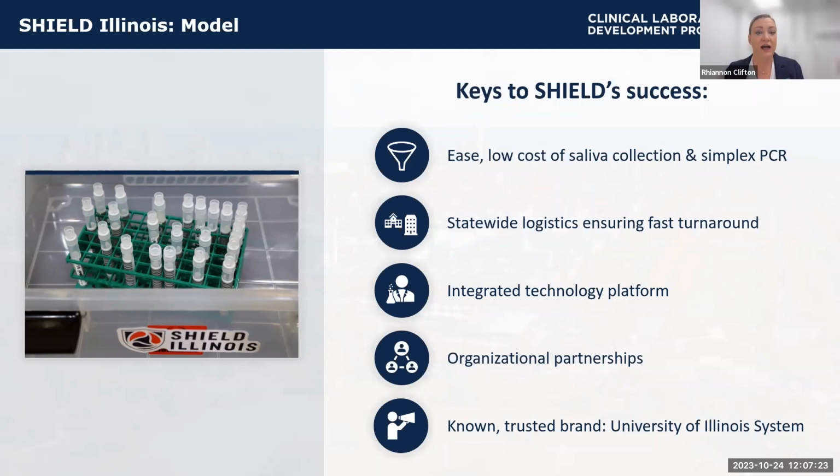So we had this easy, low-cost test. We needed statewide logistics to ensure a fast turnaround. We wound up with a really great integrated technology platform. Our organizational partnerships helped us along the way. And we had all of this under the umbrella of a trusted brand with the University of Illinois system.